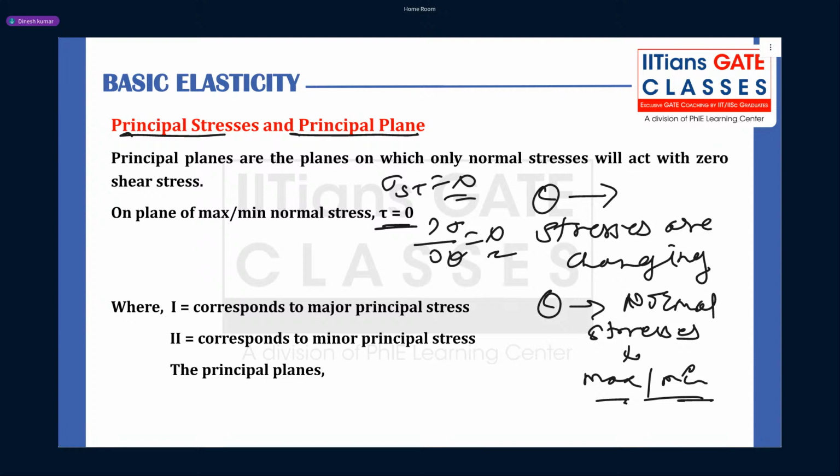So what is that angle? Principal angle, right? So how do you find the principal angle? Theta 1. So theta 1, when you substitute sigma ST equal to 0, it will be 1 by 2 tan inverse, tan inverse of what?